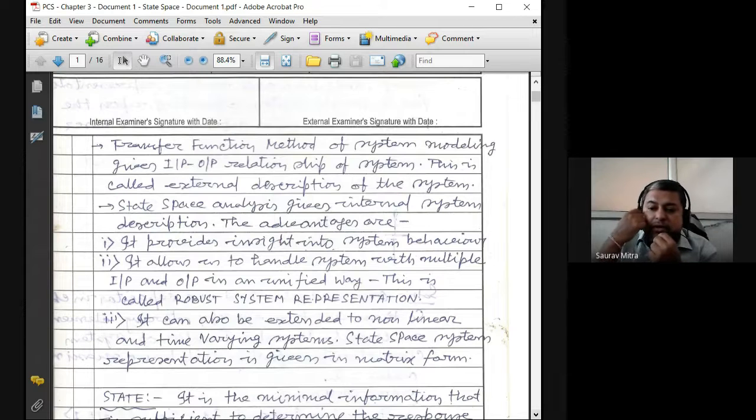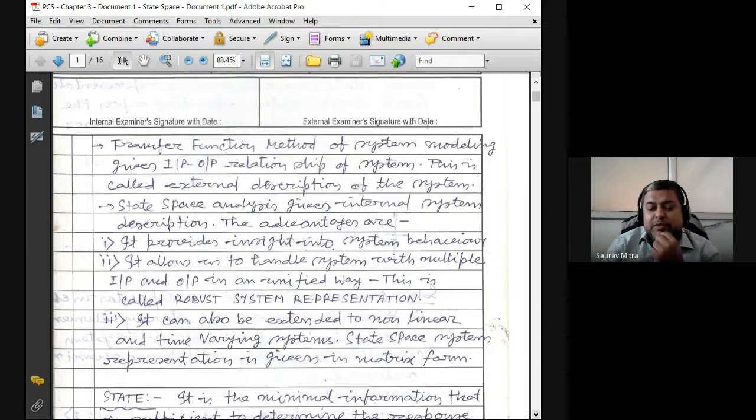If the capacitor is holding around 500 millivolt from the starting, how will the output be affected by that? The transfer function based method cannot find it out. If there is an initial condition, transfer function based system modeling cannot take that into account, but state variable modeling, or state space based modeling, can take that initial condition into account, and accordingly it can find out what is going to be the final response.